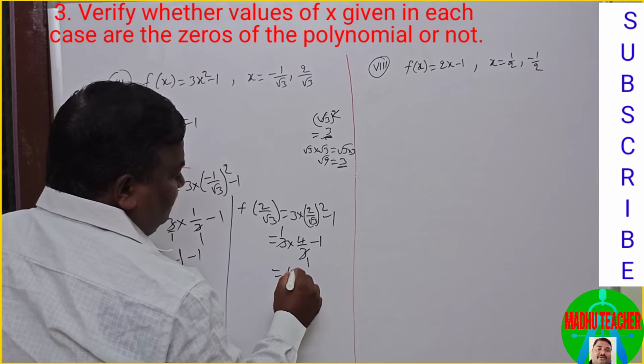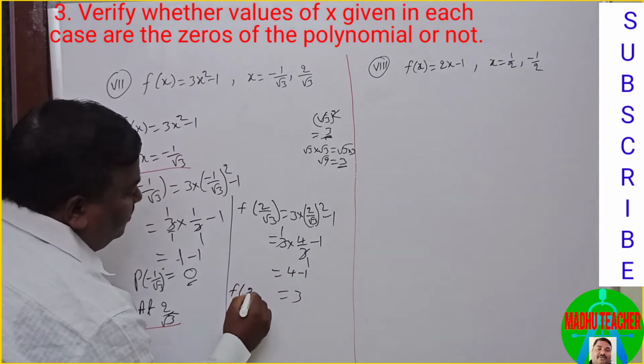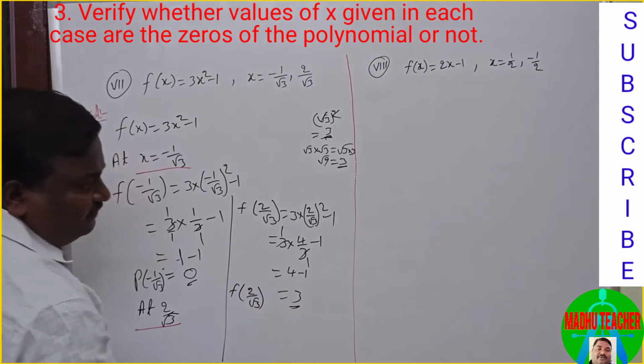The 3s cancel. 4 minus 1 equals 3. So f of 2 by root 3 equals 3.